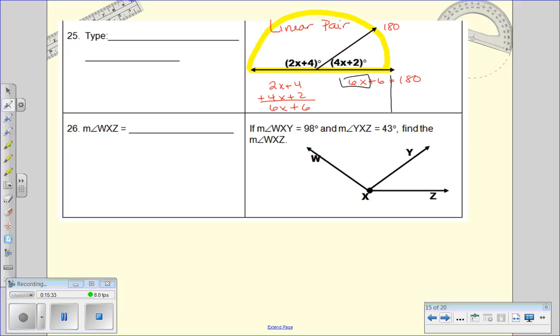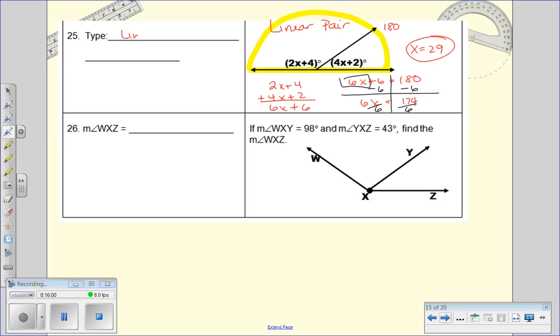Let's solve for x. We'll subtract 6 from both sides. This will give us 6x equals 174. And then we'll divide both sides by 6 to get the x by itself. And that will give us x is equal to 29.